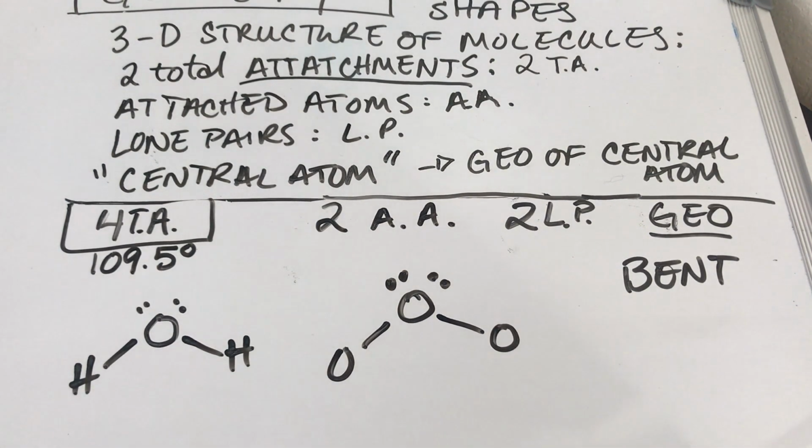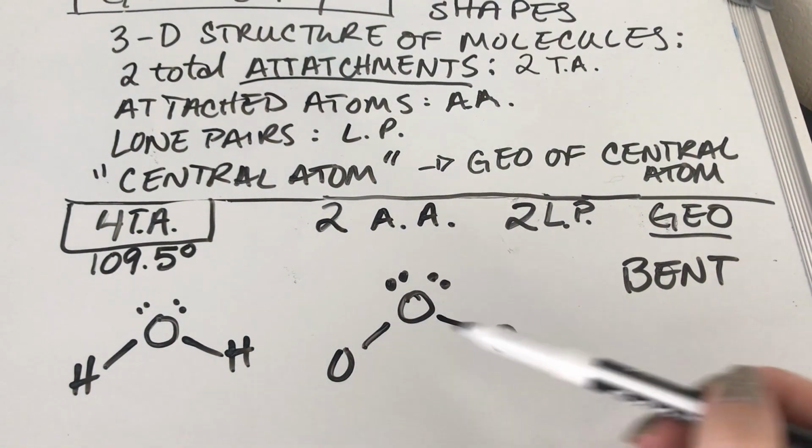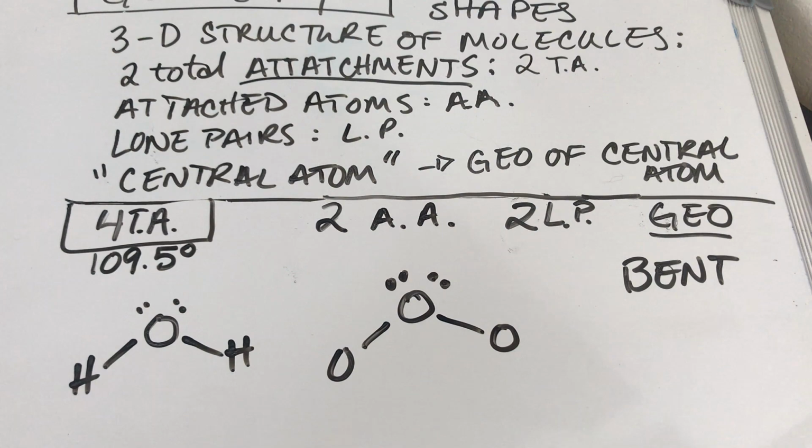Because we still are trying to maximize the distance between the lone pairs and the attached atoms, right? And the way that we do that is by having these 109.5 degree angles, right? They're not exactly that in these examples with lone pairs, but they're pretty close, okay? Does that make sense? Is everybody comfortable with why this is not linear?